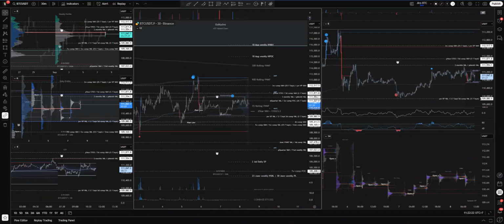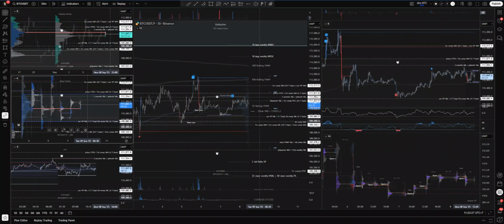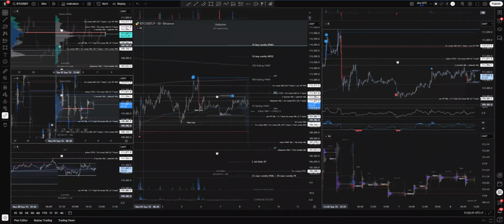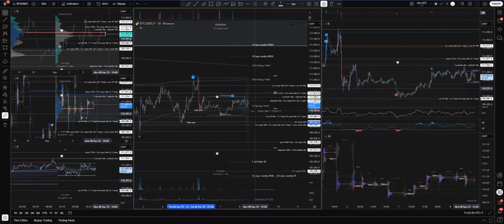Okay. Let's take some poor structure. We have some here. Is it from this one? No, it's not from this one.